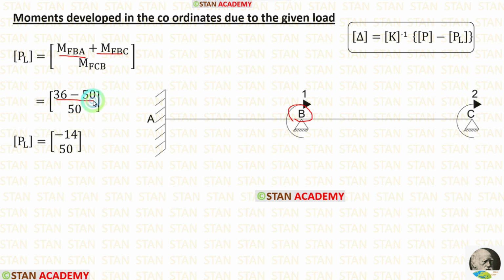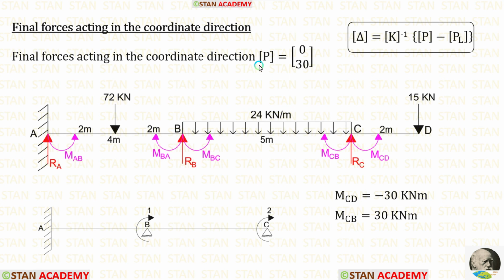We have to add them. After adding, we are getting minus 14. In the point C, we have calculated a fixed end moment, that is M of CB. Let us apply that.